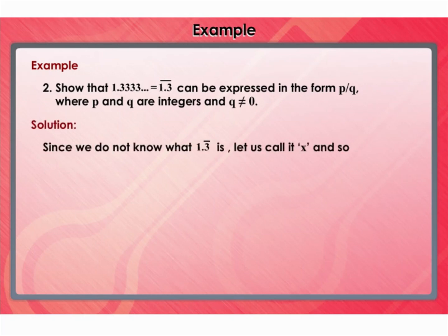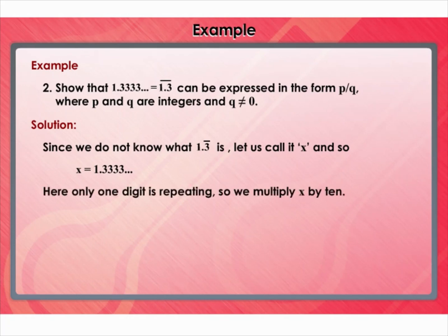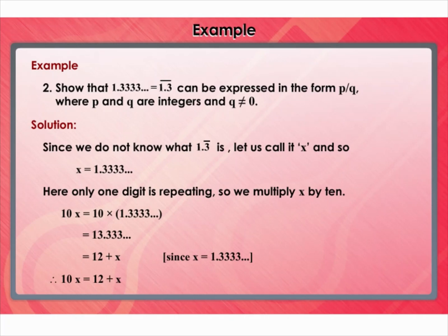Since we do not know what 1.3 bar is, let's call it x. x is equal to 1.3333, etc. Here only one digit is repeating, so we multiply x by 10. 10x is equal to 10 into 1.3333, etc., which is equal to 13.333, etc. We can also write 13.333, etc. as 12 plus x, since x is equal to 1.3333, etc. Therefore, 10x is equal to 12 plus x.